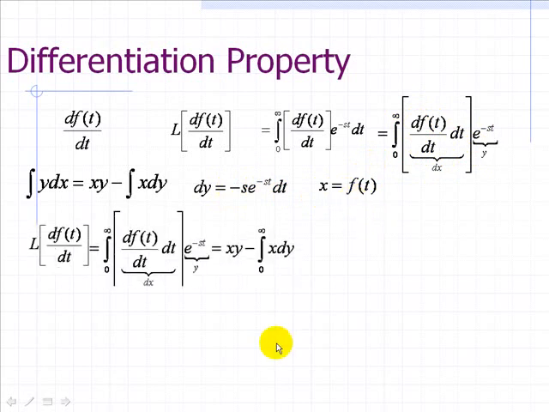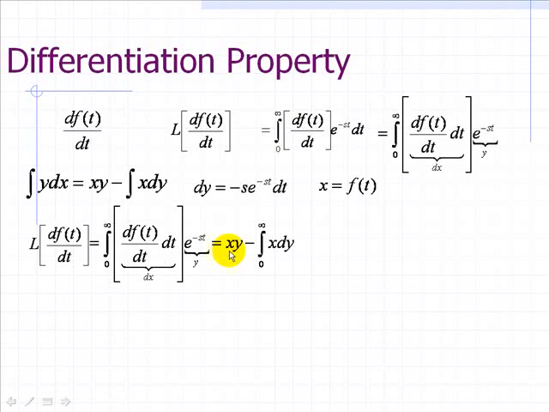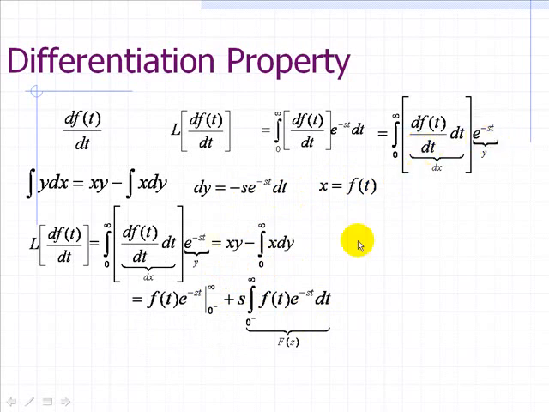Now taking the Laplace transform and doing the substitution and applying this integration by parts, substituting our expressions here, here, and here, we get the results for the substitution with this integration by parts. Again, we recognize this expression in the second term of this equation as F of s. And this expression goes to 0 at the upper limit, and the lower limit is the initial condition for f of t.